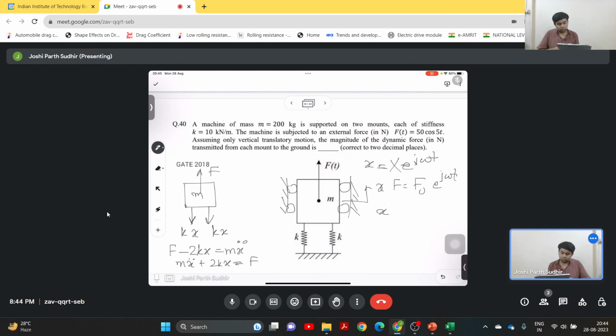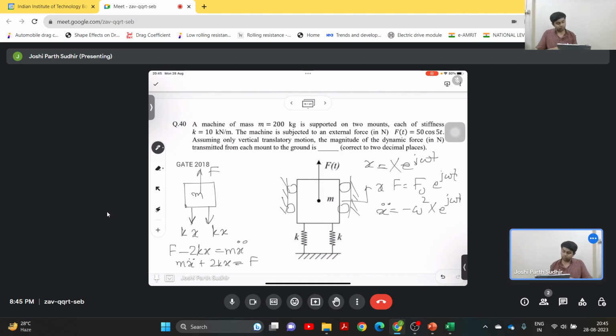So x double dot will be equal to minus omega square x e to the power j omega t, and let us substitute this into the differential equation.